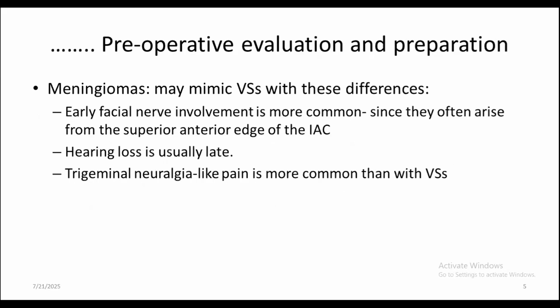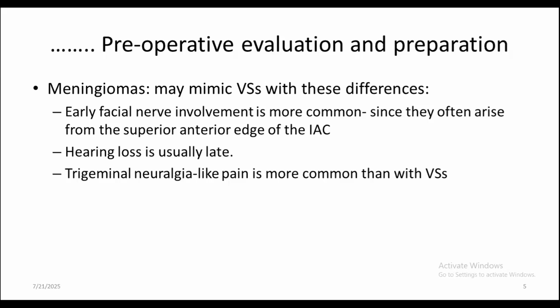And trigeminal nerve may also be involved if the tumor is huge enough to go to the superior compartment of the CP angle. For patients that are presenting with CP angle meningiomas, the lesions may mimic that of vestibular schwannoma. However, the striking differences are as follows. The facial nerve palsy is usually early as against vestibular schwannoma. This is because of the relationship of the origin of the meningioma, which is usually at the superior anterior edge, and then the first nerve to be involved is the facial nerve. And then also hearing loss is usually late because of the anatomy.